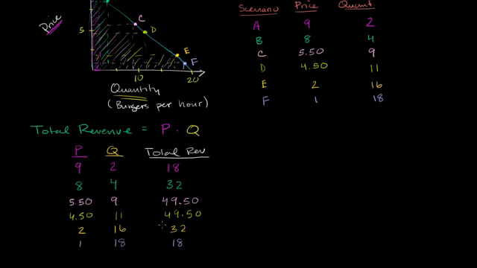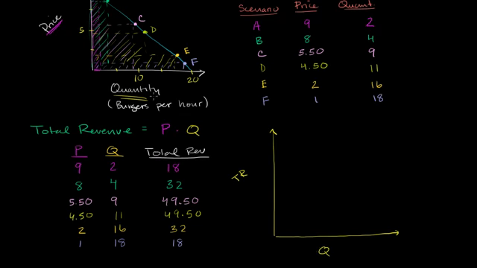And you could graph these just to get a sense of how total revenue actually changes with respect to price or quantity. Let's plot total revenue with respect to quantity. So let me plot it out. So this is going to be total revenue, and this axis right over here is going to be quantity.